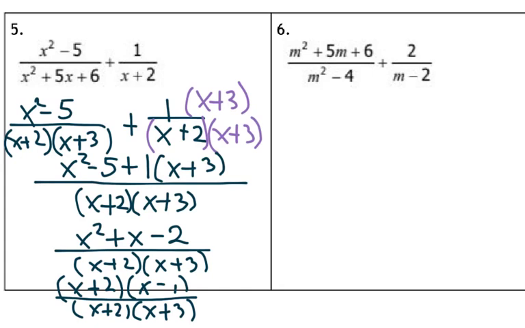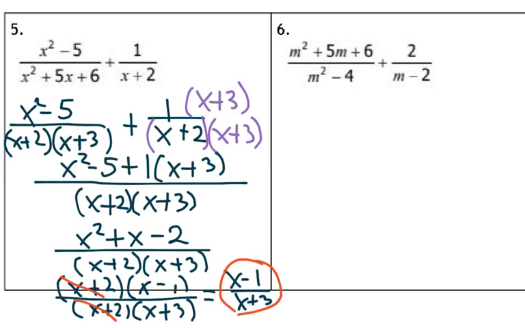And I notice I have the common factor of x plus 2 that could cancel. So my final answer is going to be x minus 1 over x plus 3. And this is the simplified form of the addition problem that we had in number 5.